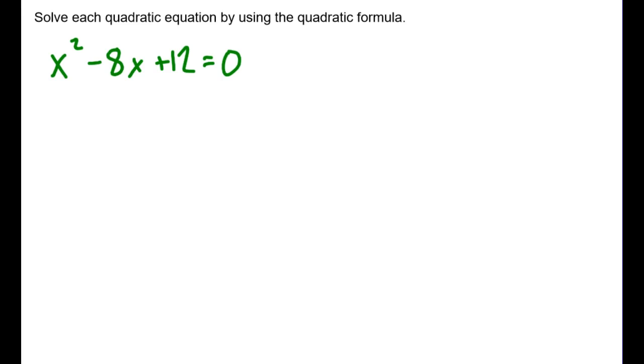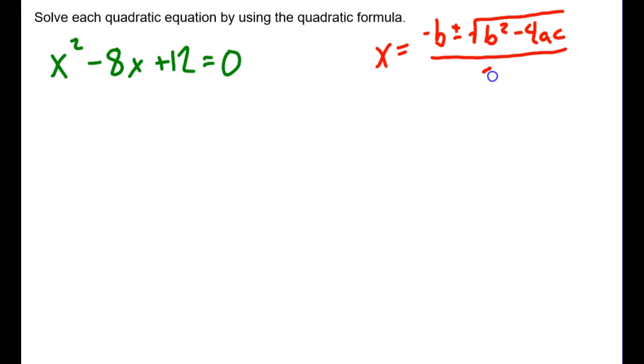Next example, we want to solve the quadratic equation by using the quadratic formula. Recall from Algebra 1, the quadratic formula is x equals negative b plus or minus the square root of b squared minus 4ac, all divided by 2 times a. A, recall, is the coefficient in front of x squared, b is the coefficient in front of the x term, and c is the constant, the number by itself without a variable.